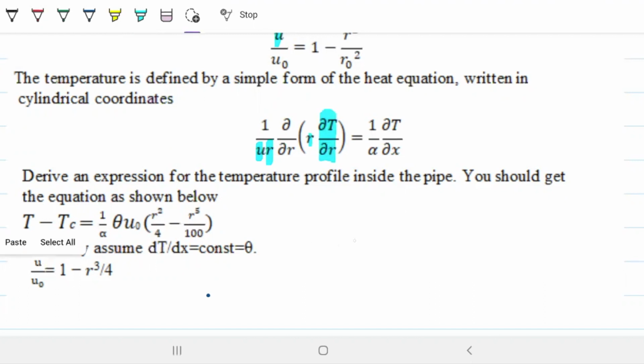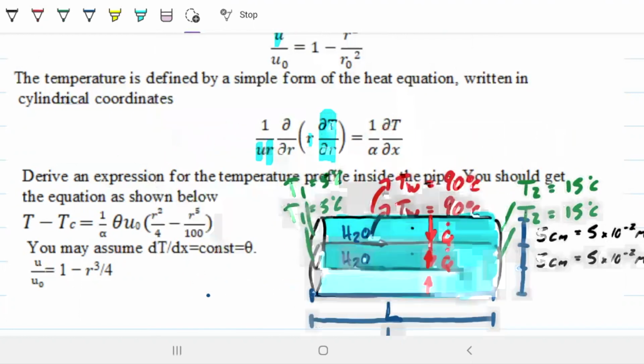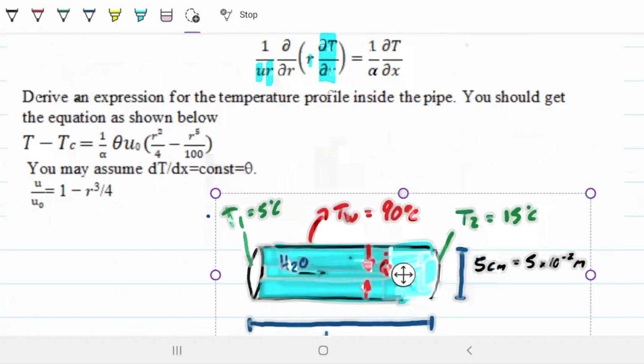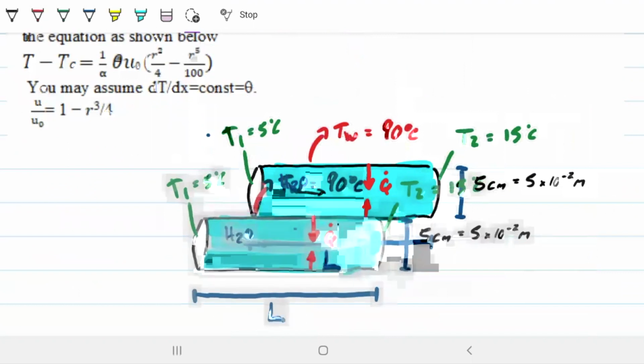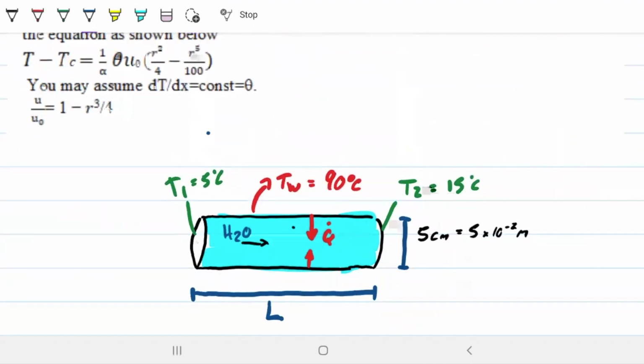If you guys recall, I'm just grabbing the drawing from before. We were talking about how there's a velocity profile, and just like that there's a temperature profile, right? We would expect a temperature profile because the molecules closest to the wall will be at a higher temperature than the molecules in the center.